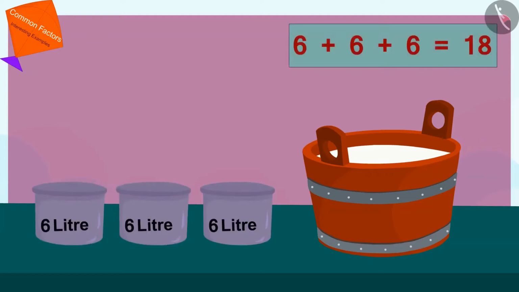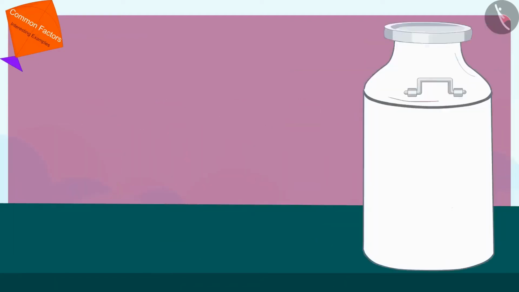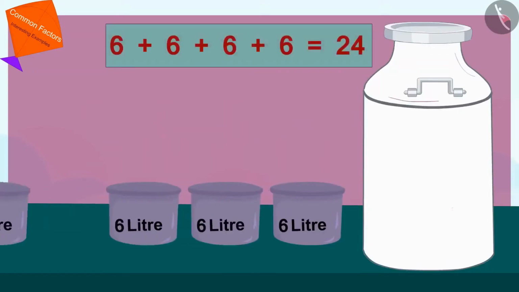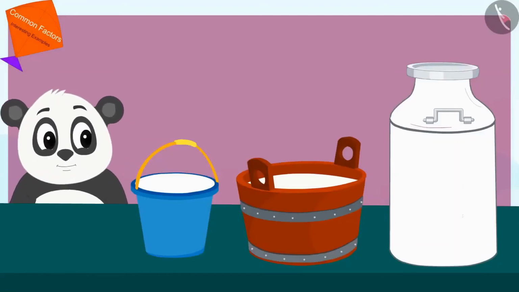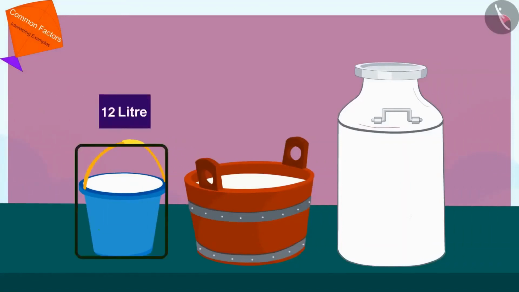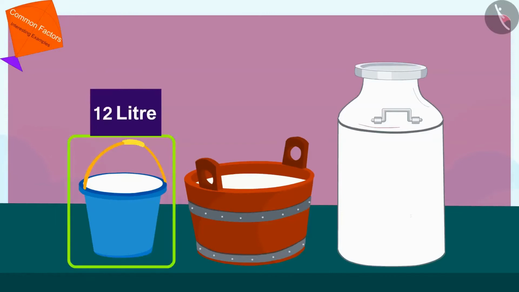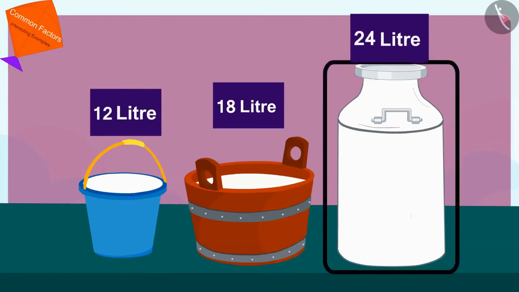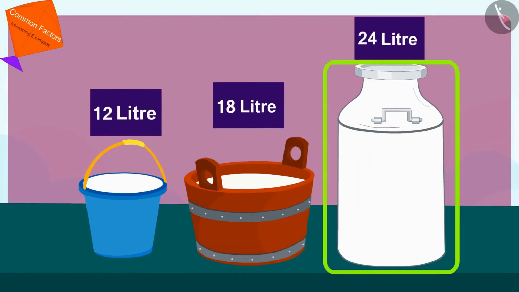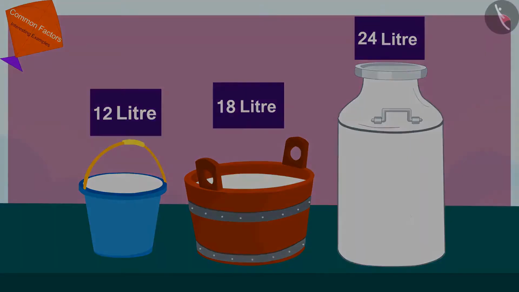And to measure the milk filled in this pot, Golu used his 6-liter vessel 4 times. In this way, Golu came to know that 12 liters of milk are filled in this pot, 18 liters in this one, and 24 liters of milk in this pot.